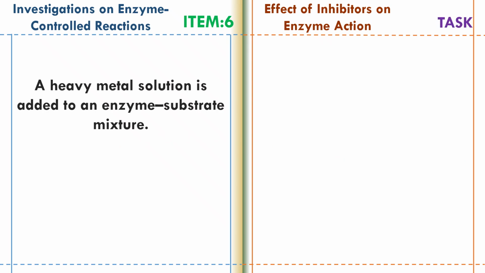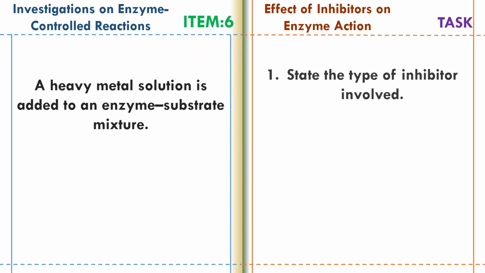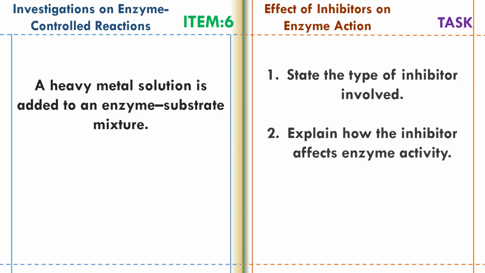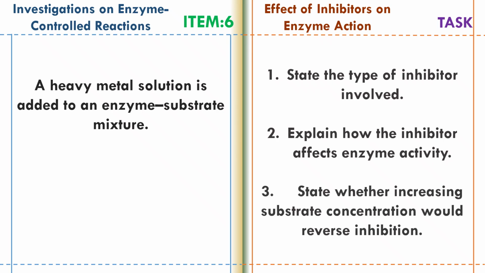Task. State the type of inhibitor involved. Explain how the inhibitor affects enzyme activity. State whether increasing substrate concentration would reverse inhibition.